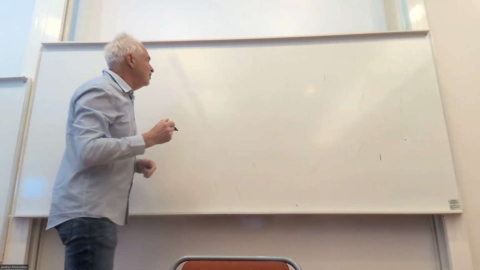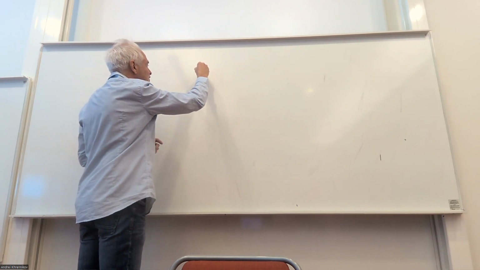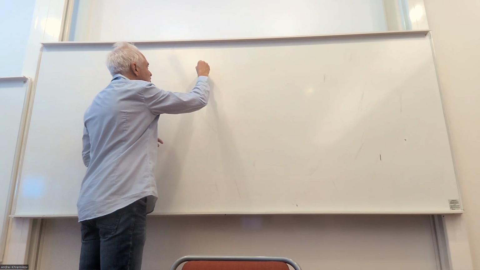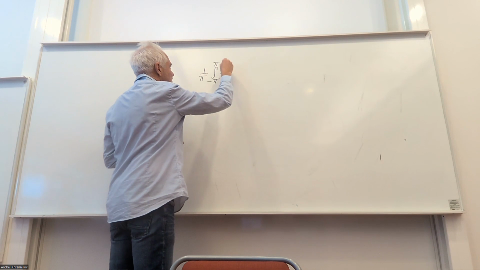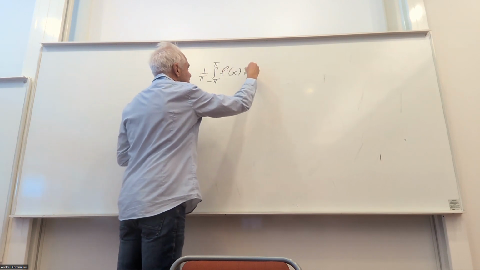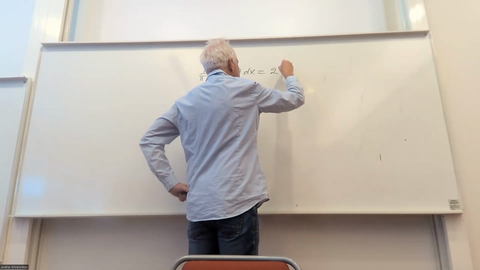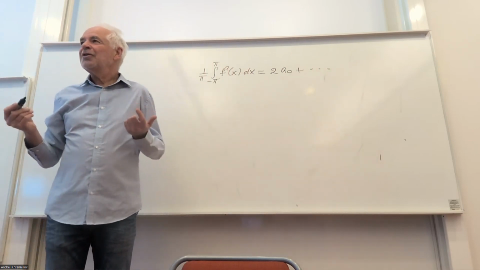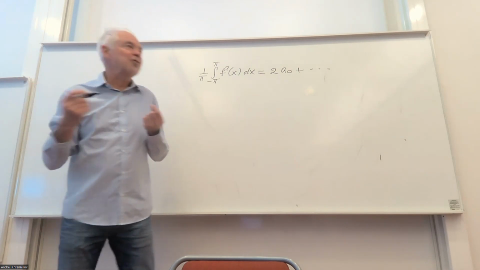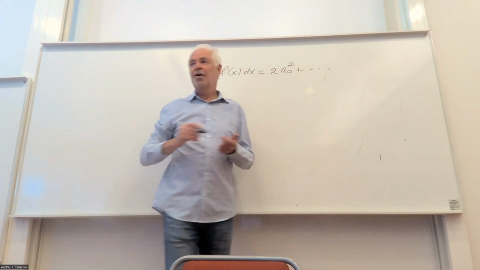First of all, as was remarked, there was a misprint in the Bessel inequality for function f. We wrote 1 over pi integral of f squared dx is equal, and here was a_0 plus and so on. But it's clear that it's wrong, just as was remarked by dimension, because a_n squared, b_n squared, so it also should be squared.